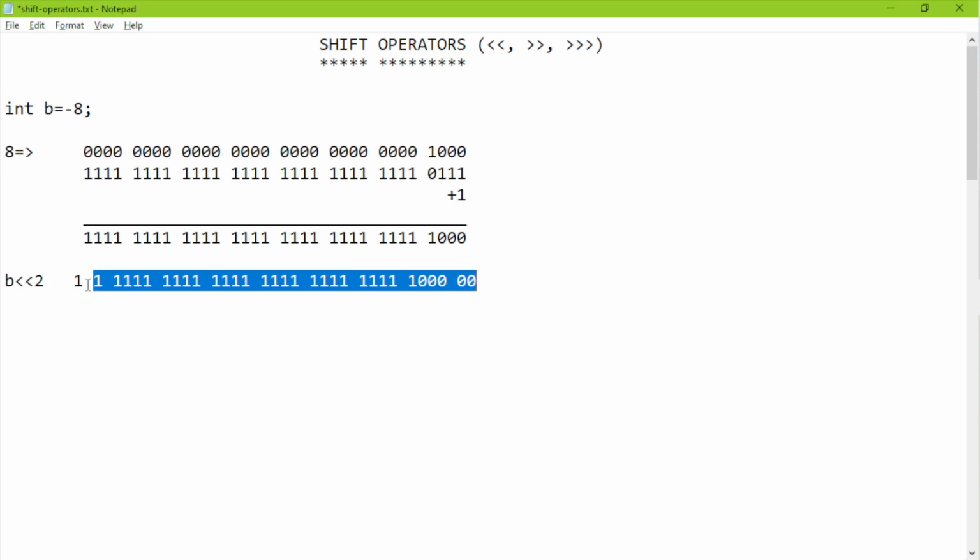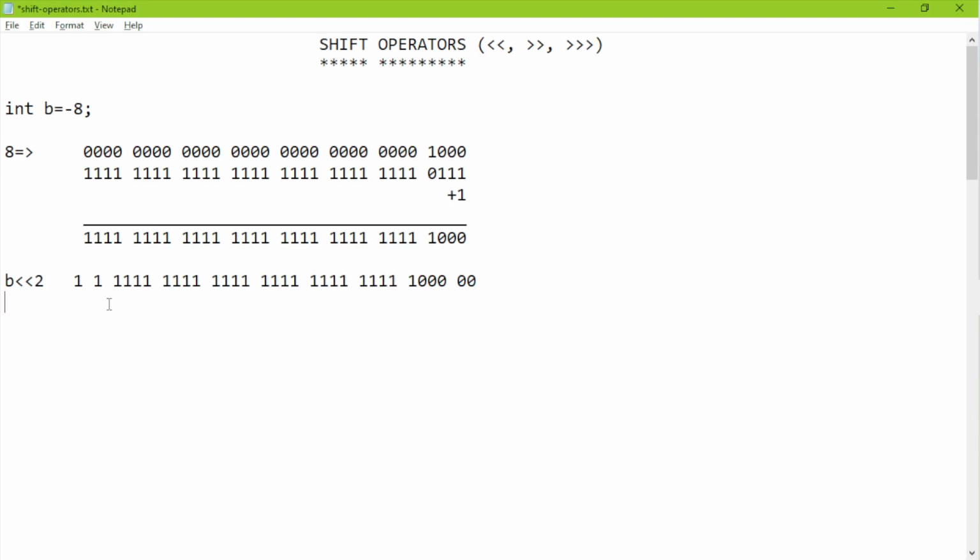To convert the negative value into the decimal value, first we take the inverse of this 0 0 0 0, meaning we convert all ones into 0 and zeros into ones: 1 1 1 1 1. Now we got the inverted value. Again we have to add 1 with this value.